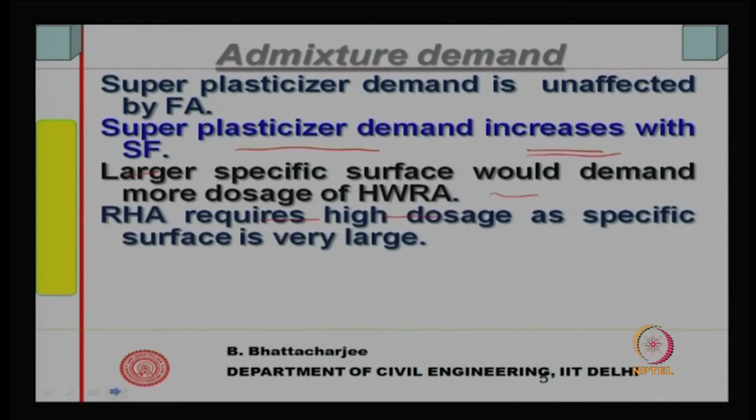Rice husk ash requires high dosage, as we mentioned earlier. Rice husk ash requires very high dosage because its specific surface is very large. That is because of their cellular structure, they consume much more superplasticizer, because their specific surface is much higher than even silica fume, although the structure is somewhat different.